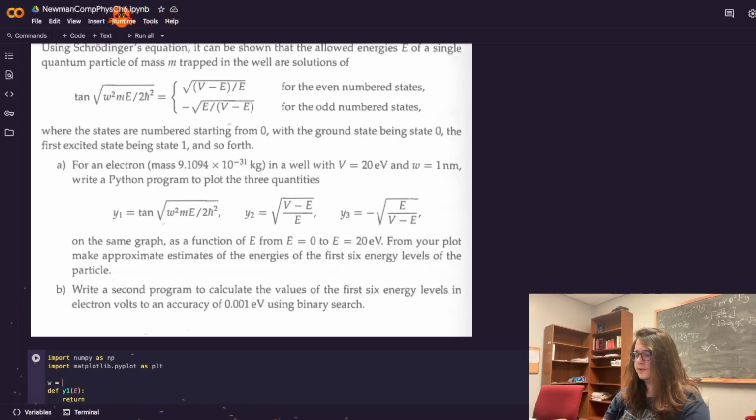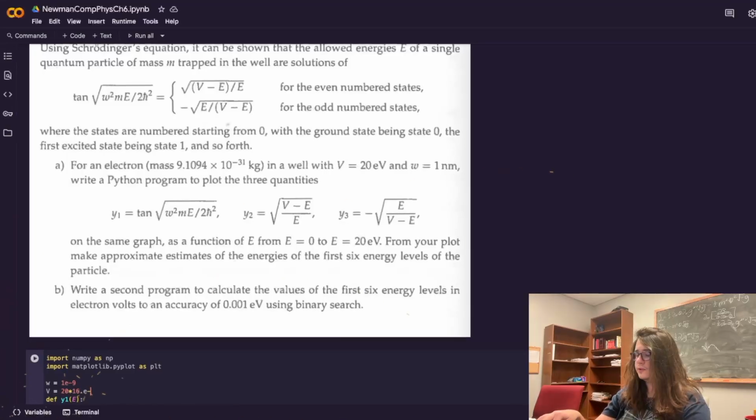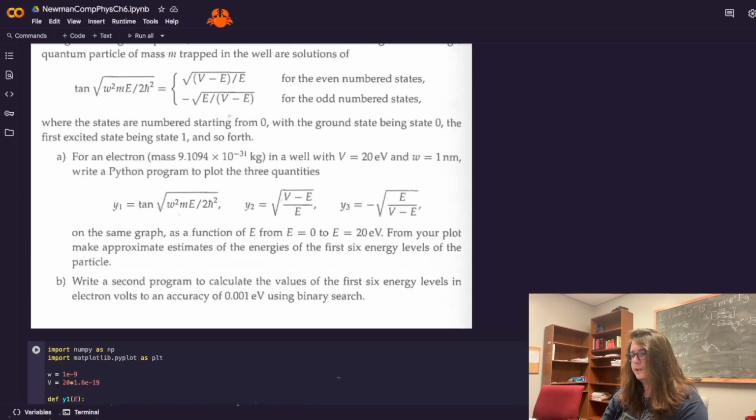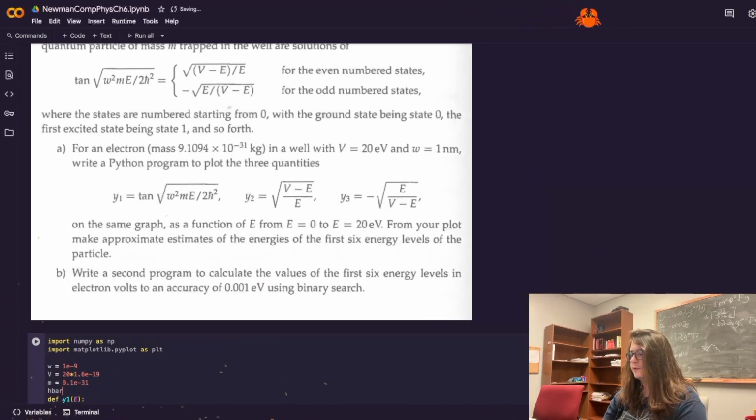So W is 1 nanometer, V is 20 electron volts, but I am going to convert to joules for this and then convert back to eV at the end. The mass of the electron is 9.1 E minus 31, and also H bar is 1.054 E minus 34.